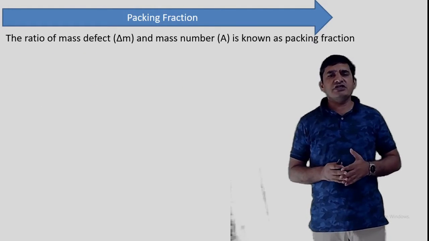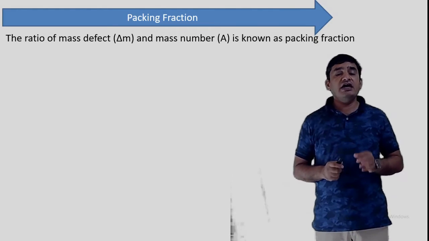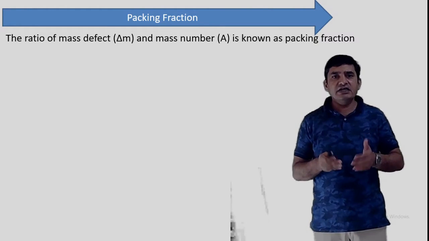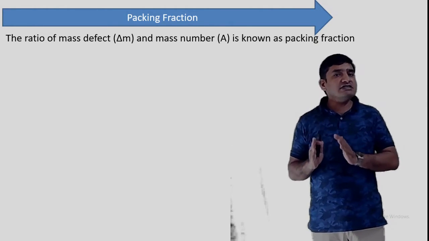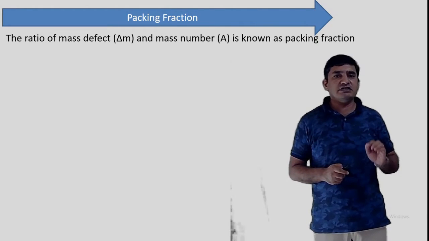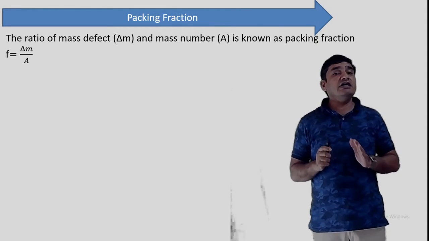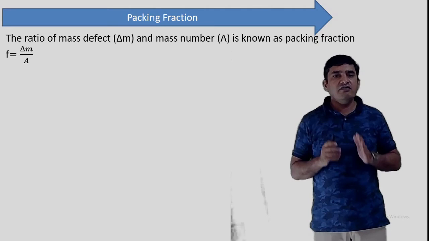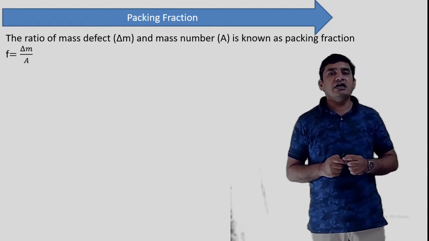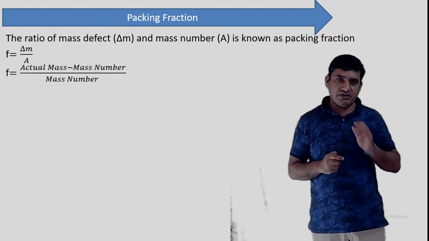So packing fraction is the ratio of mass defect and mass number, and therefore F is equal to delta M divided by A, where delta M represents the mass defect and A represents the atomic mass or mass number.